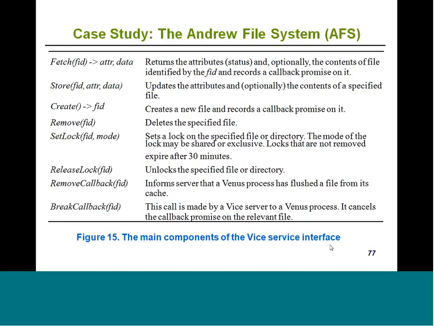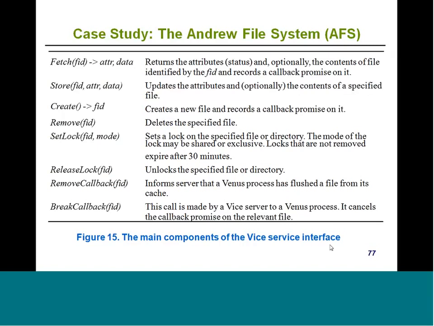So this returns the attribute and also records any callback promises on that particular file from the centralized file server back to the client, back to the Venus program.